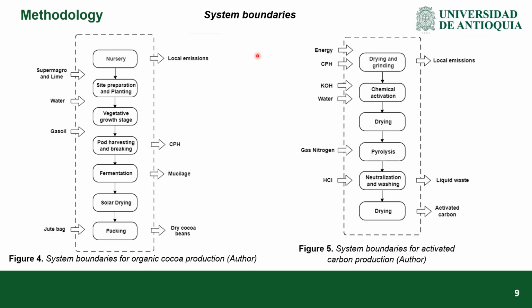The system boundaries for each system were: for organic cocoa production, start with nursery and end with the packing of dry cocoa beans. For this system, the inputs were supermagro and lime water, gas oil, and jute bag, and the outputs were local emissions, CPH, mucilage, and dry cocoa beans.